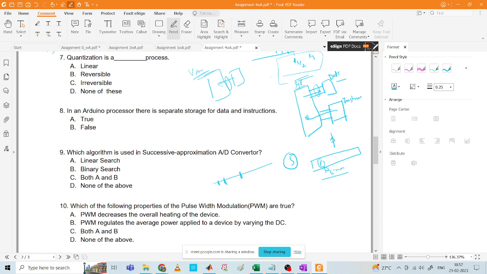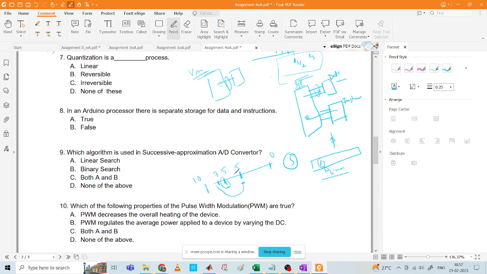With every iteration, first you try to find out the mid value. Now from this mid value you try to find the mid value of this half. Let's say the mid value is 5. If it is less than 5, it is fine. If it is more than 5, then you go to 7.5, let's say the total range is 0 to 10.